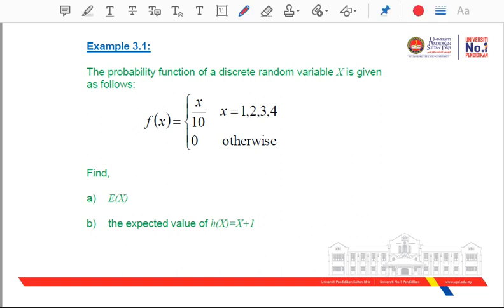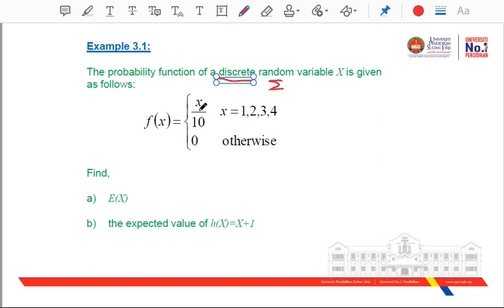First of all, when you get this type of question, the first thing you need to do is set in your mind whether this question is about a discrete or a continuous random variable. For this case, it is discrete. So keep in mind this is discrete, and when discrete, you need to use summation.